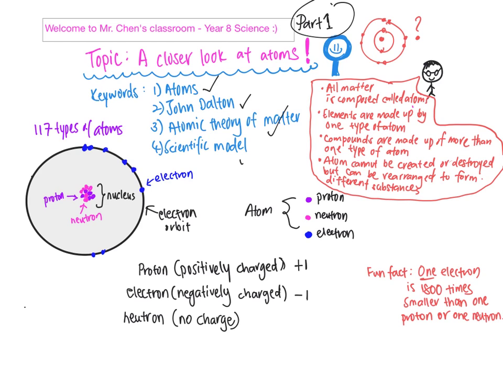So atoms are what make up everything around you, and they are really small, so you can't actually see them with your eyes. You need a type of scanning tunneling microscope called an STM to be able to see how they look.